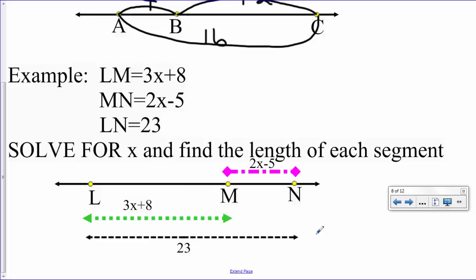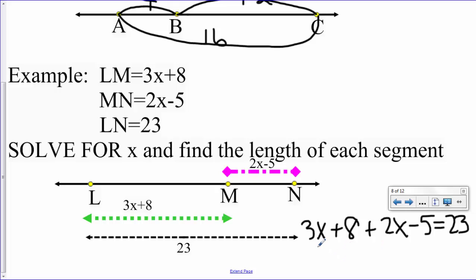Take the first, 3x plus 8, add it to the second segment, 2x minus 5, and set it equal to the total length of our segment, which was 23. It always helps to put a drawing with the problem so you understand the problem better.